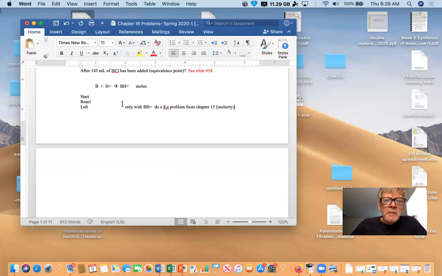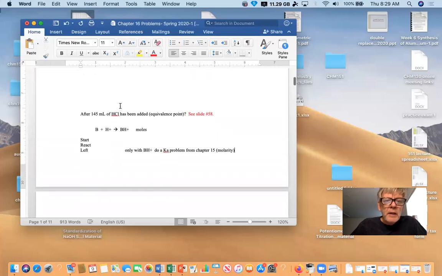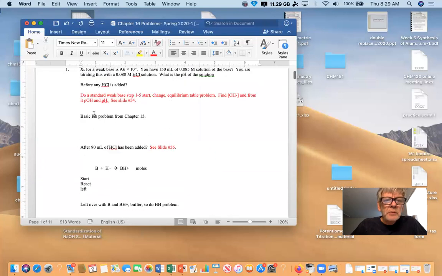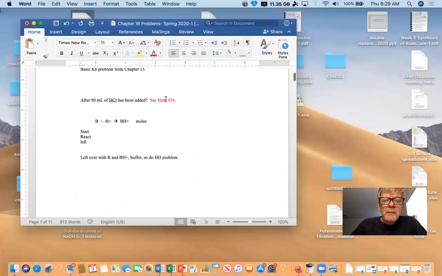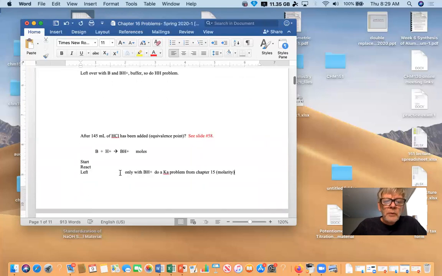So we have to take the moles that we're left with and divide by the total volume. So we'd add this volume to the original volume here. So take the moles that we're left with, divide by the total volume to get the molarity that we use in our weak acid problem from chapter 15.